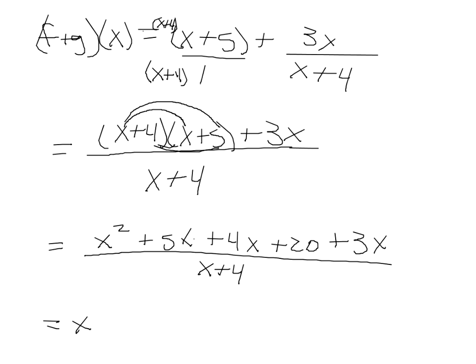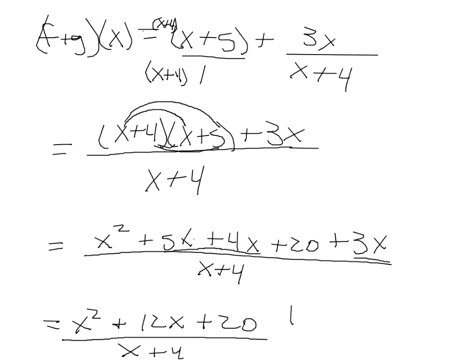I have one x squared term. I have 5 plus 4 is 9, plus 3 more is 12. So I have x squared plus 12x plus 20, all over x plus 4. And my domain, which we already talked about on the last screen, is minus infinity to minus 4, union minus 4 to infinity.